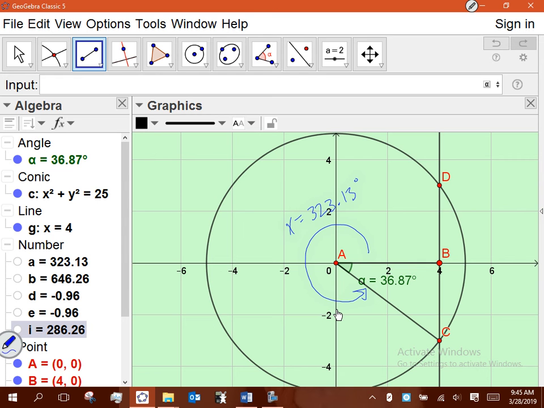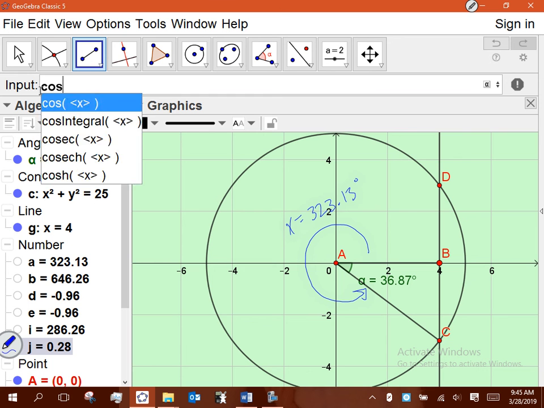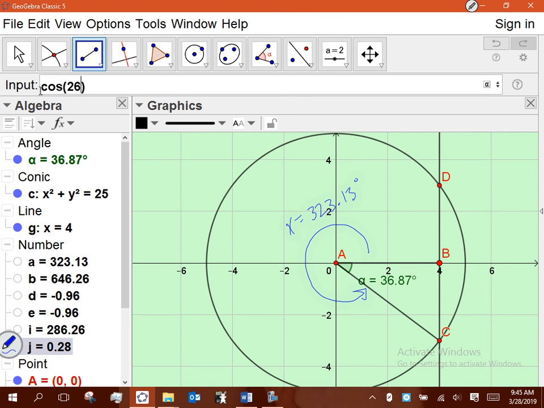So if I find the cosine, doesn't the cosine end up probably being a pretty small number here? It's going to be a positive number, right? Because it's in the fourth quadrant. So if I go cosine of 646.26, or the cosine of 286.26, they're both 0.28, right?